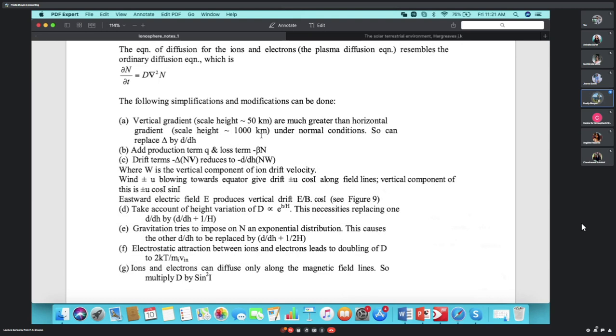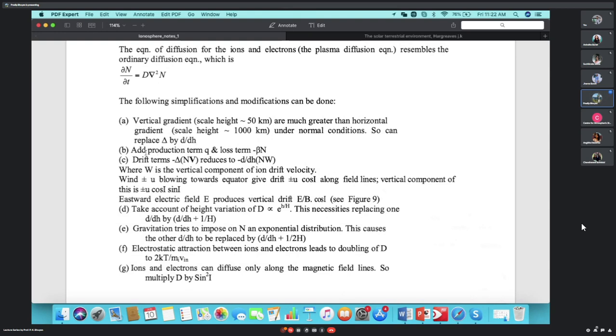I have already told you, for the horizontal gradient the scale height is about 1000 kilometer. For the vertical gradient, your scale height is 50 kilometer under normal conditions. So this del can be replaced by d dh. That is why we are doing this. In earlier equations, we have replaced del by d dh.